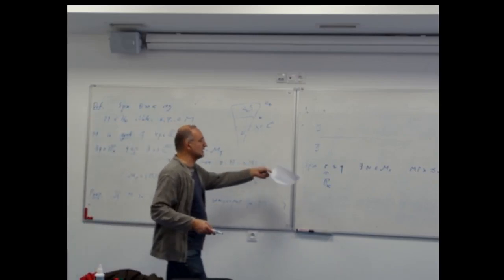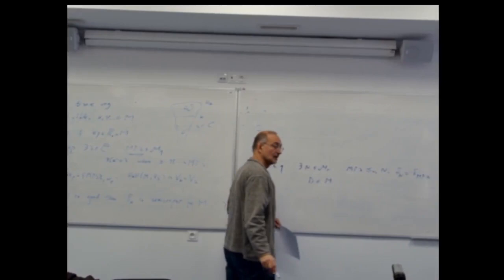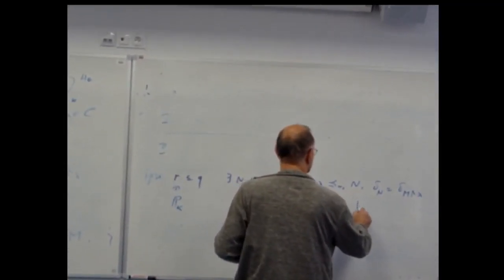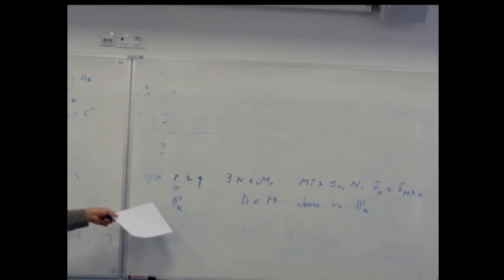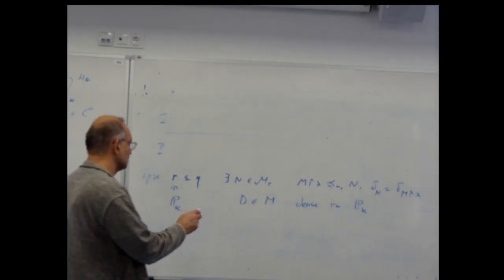So given this, and given some D which is in M and which is dense in P kappa, I need to find a condition which is compatible.